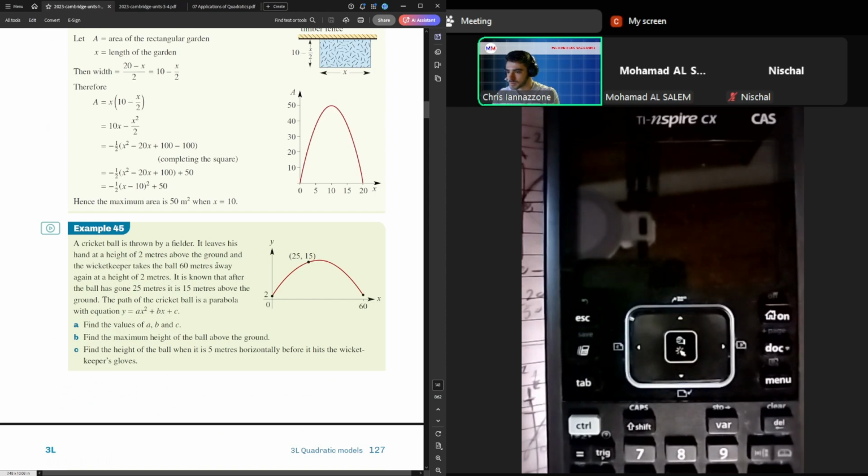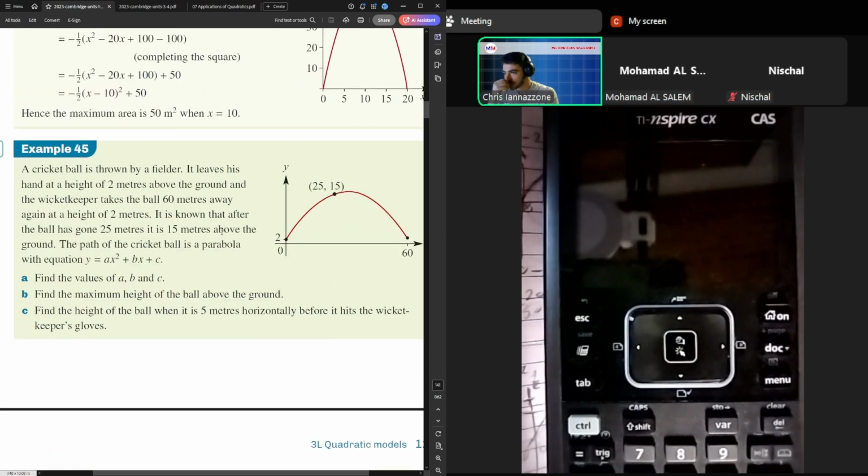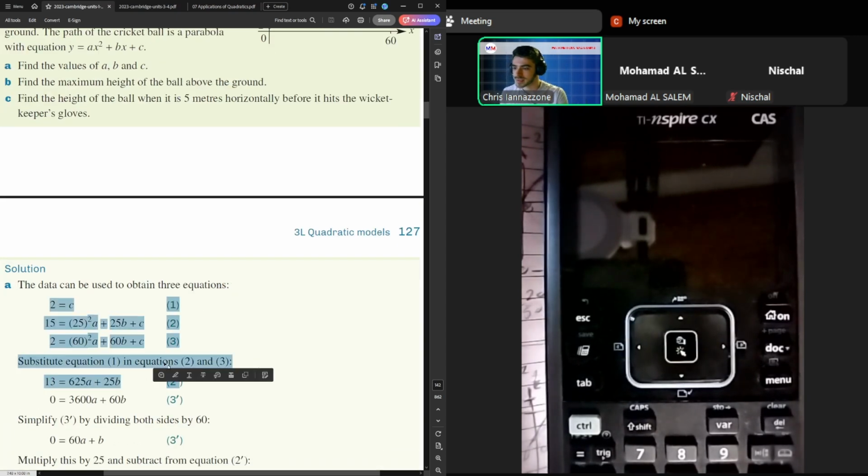And that is where these other questions are going to come from. So if you see example 45, we have a cricket ball being thrown again, or maybe hit. In this case, it's thrown. Anyway, we have what is 3 known points on this graph. Now, unfortunately, we don't have the turning point or the x-intercepts. So this is one of those situations where you're doing a simultaneous.